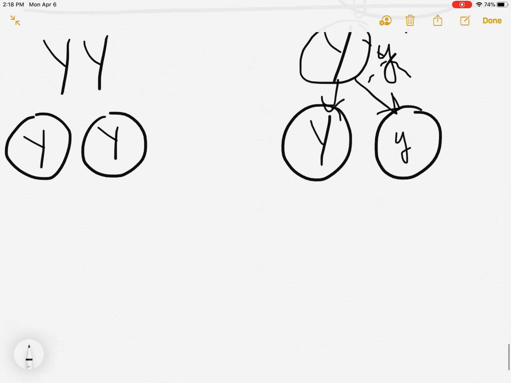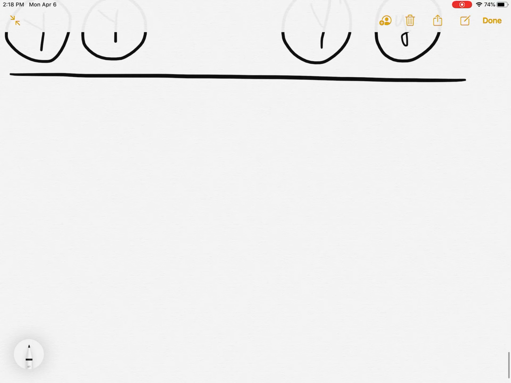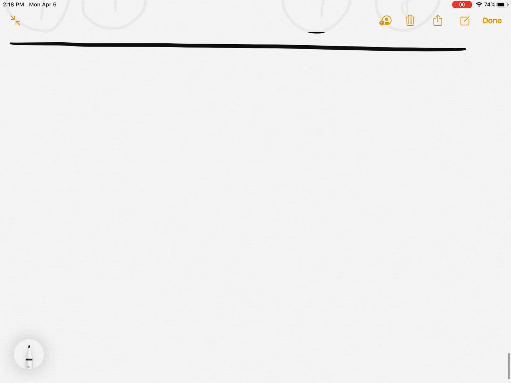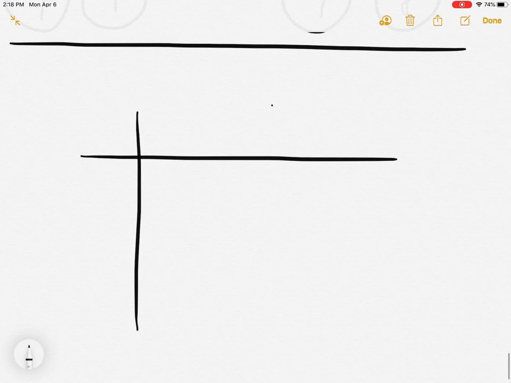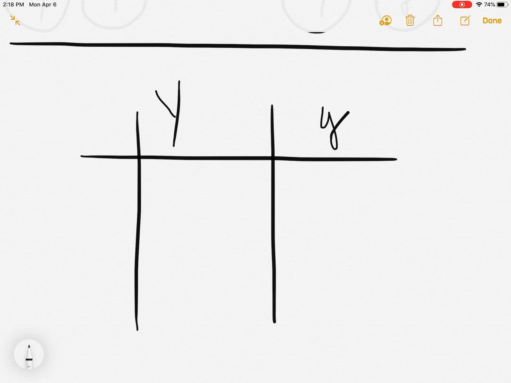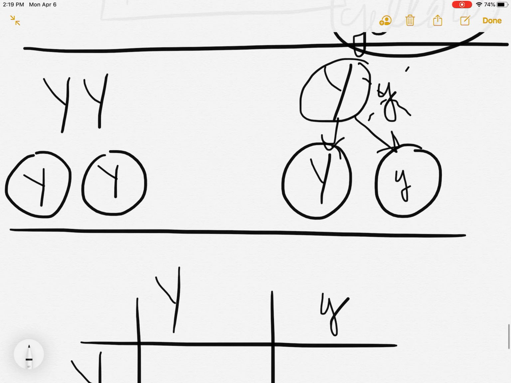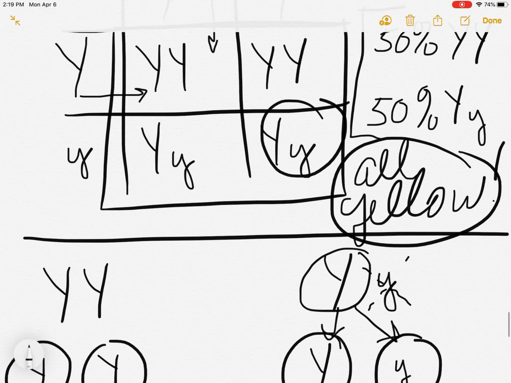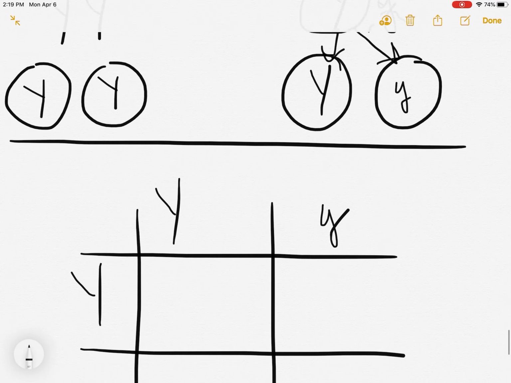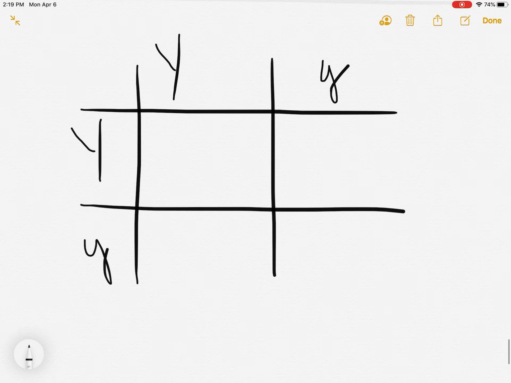Okay. Let's do one more cross and see what happens. Let's take a situation where we took some of those babies. Some of those babies were heterozygous. And then let's take the other babies who were also heterozygous. So if we go back to our peas, we took one of these and one of those, and we crossed them to see what kind of seeds they would produce.